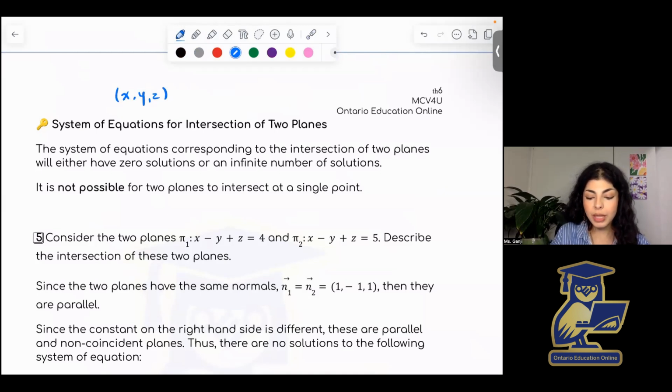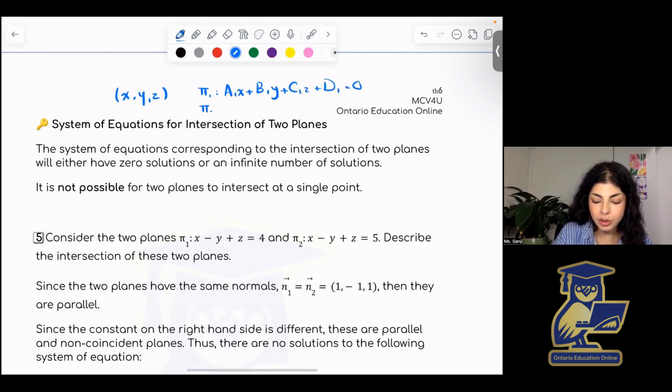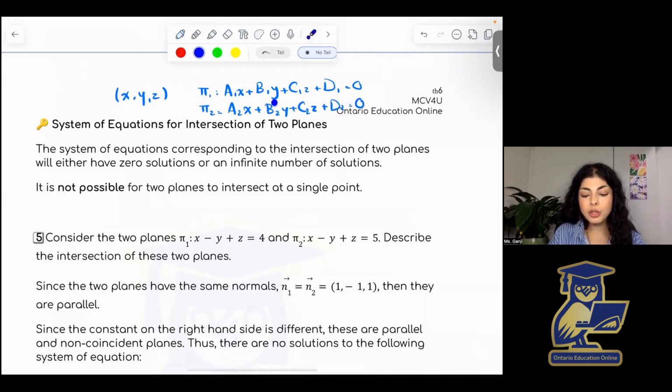But if you have two planes, so if you have pi 1, which is a1x plus b1y plus c1z plus d1 is equal to 0, and pi 2 is a2x plus b2y plus c2z plus d2 is equal to 0, then you have 2 equations and 3 variables.